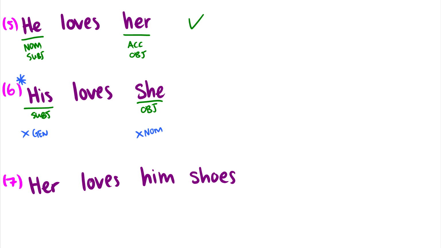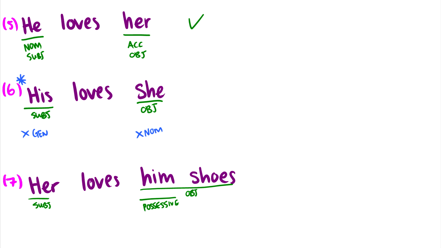What about her loves him shoes? Oh my god, this is bad too, right? This is one of those weird cases. So we have a subject here, and him shoes is the object, but this whole thing is the object, right? What matters with this pronoun is the fact that it is the possessor. So we want to say his shoes. So this is the possessive, which means that for the possessive, we want a genitive.